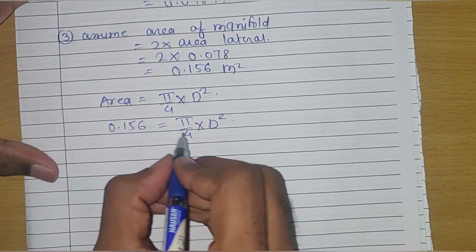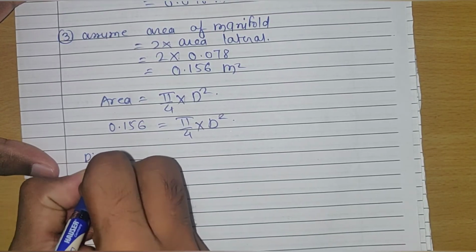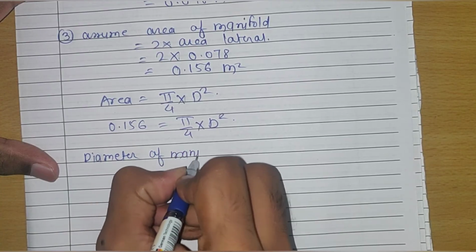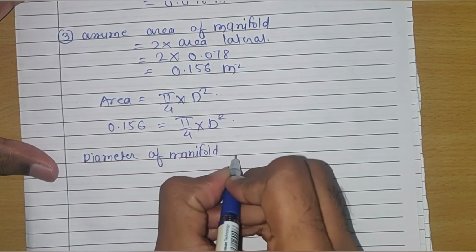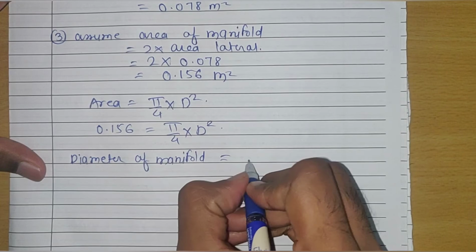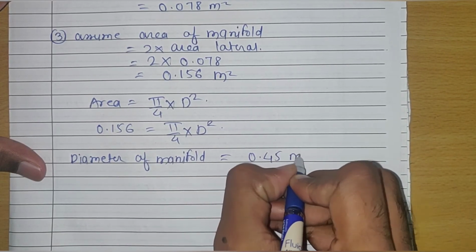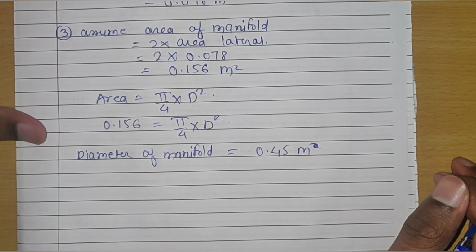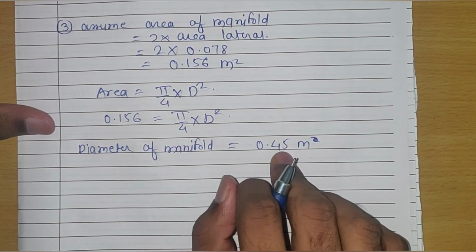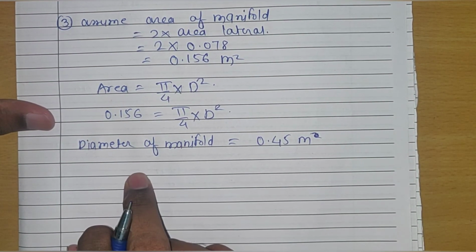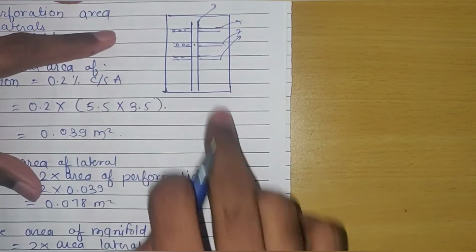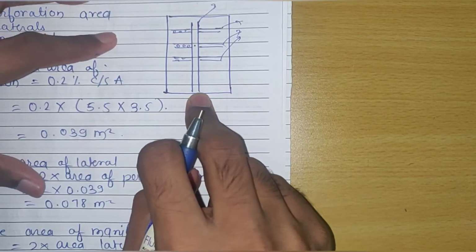You will get the diameter of manifold as 0.45 meter. Hence, provide a manifold of diameter 0.45 meter along the length of the filter unit.